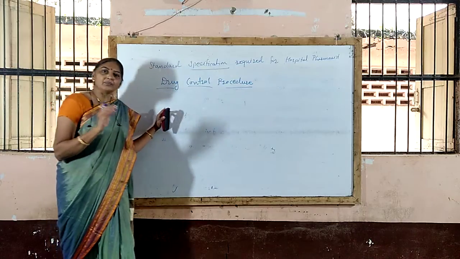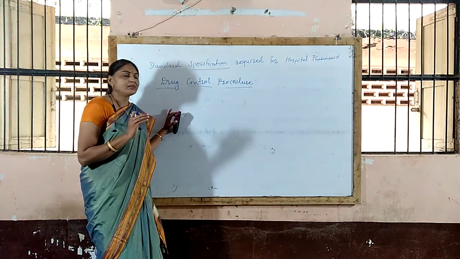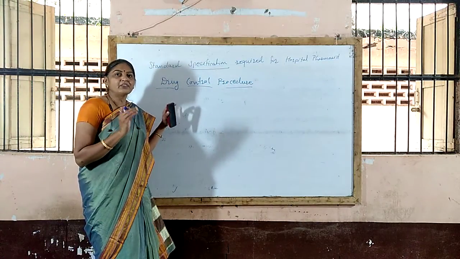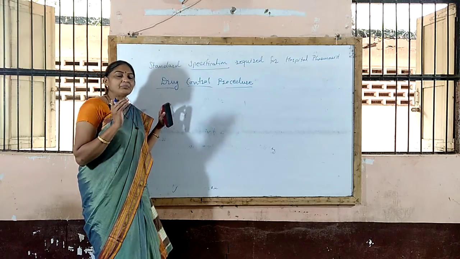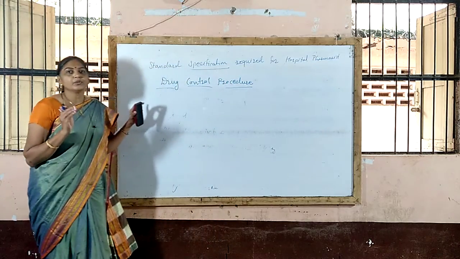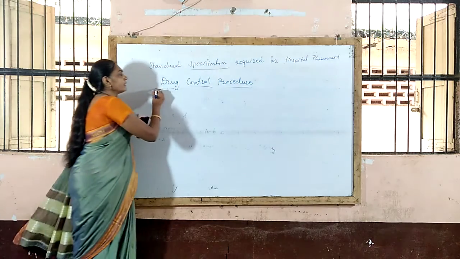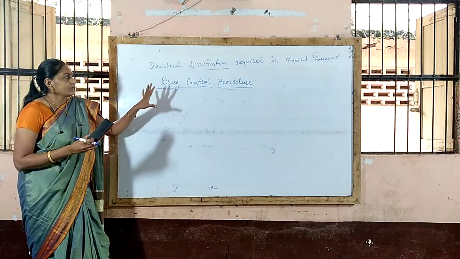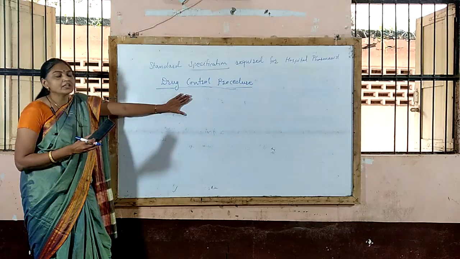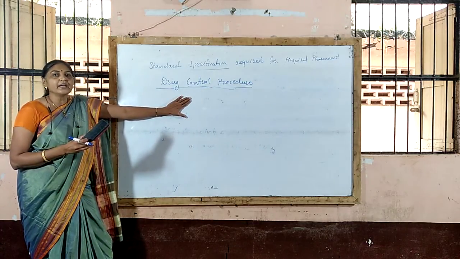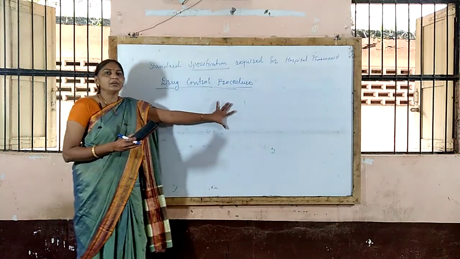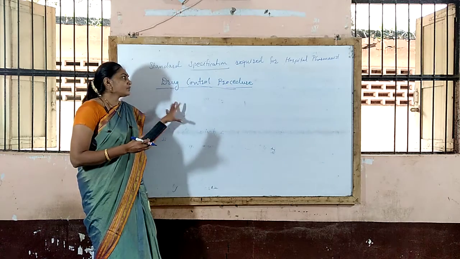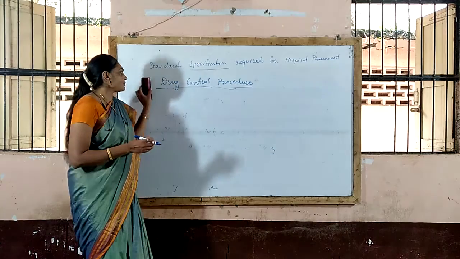The manufacturing of the drug is carried out inside the hospital pharmacy, and whatsoever drugs are present inside the hospital pharmacy, when they are required by the patient, must be properly distributed to the patient. That is the drug control procedure. Along with manufacturing and storage, the pharmacist must have thorough knowledge about how the drug is distributed to inpatient, outpatient, ambulatory patient, and emergency patient. That is the drug control procedure that must be known to the hospital pharmacist.